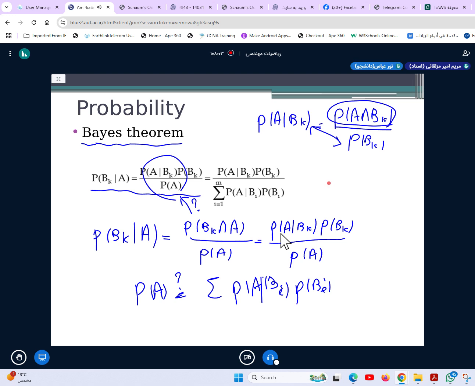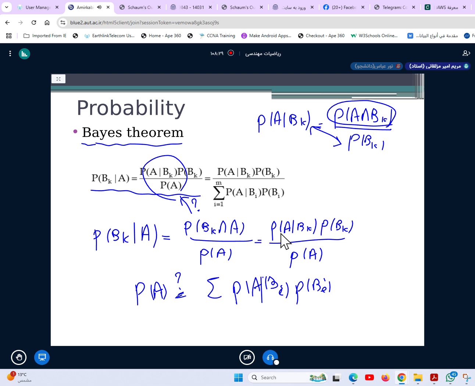We talk about random experiments and we now don't talk about random variables. In the following slides, we talk about discrete random variables, continuous random variables, and so on. Any question?